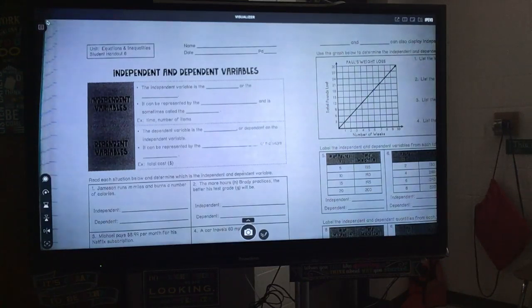For the most part, it's just plugging in a value for either x or y and solving that equation, which you guys have seemed to do a fairly good job with. So don't let all the craziness make you think that this is a hard concept. It is not that hard.